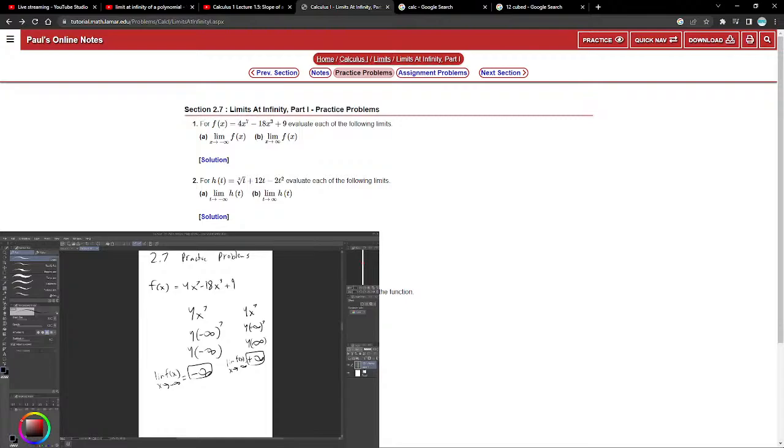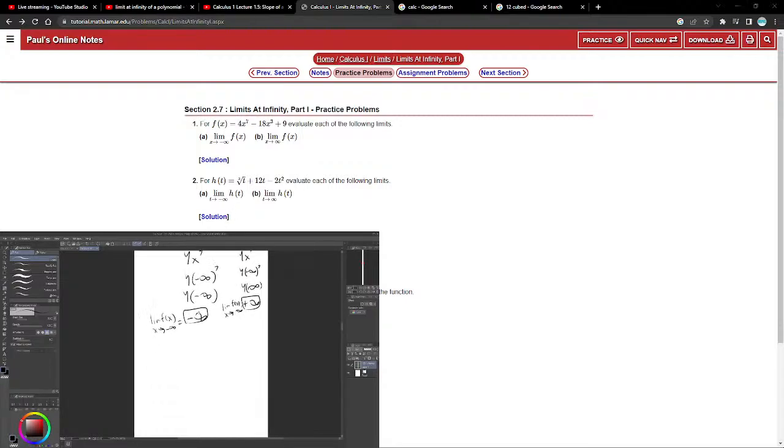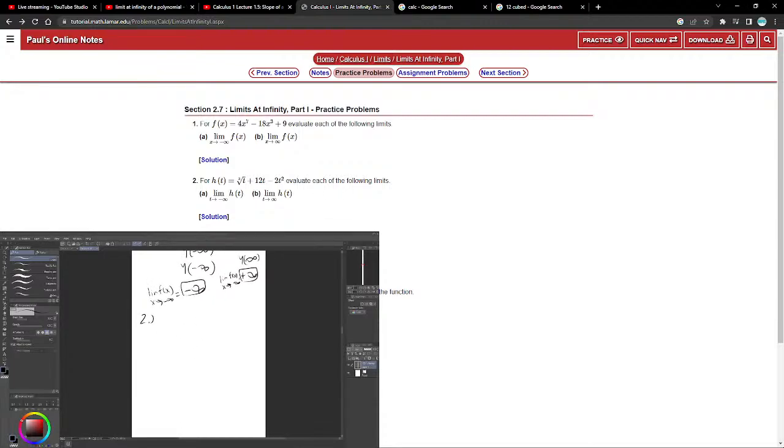Okay. So for 2, well, can I do this in my head? I'm going to get rid of that cube root. Or can I?